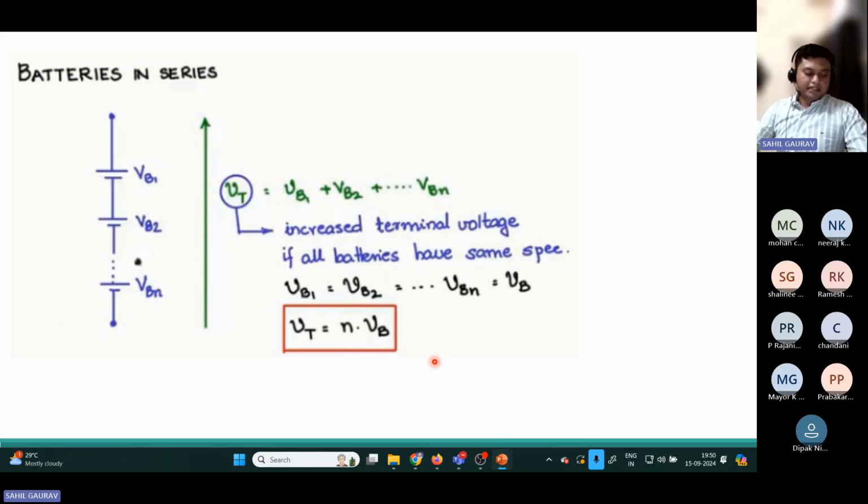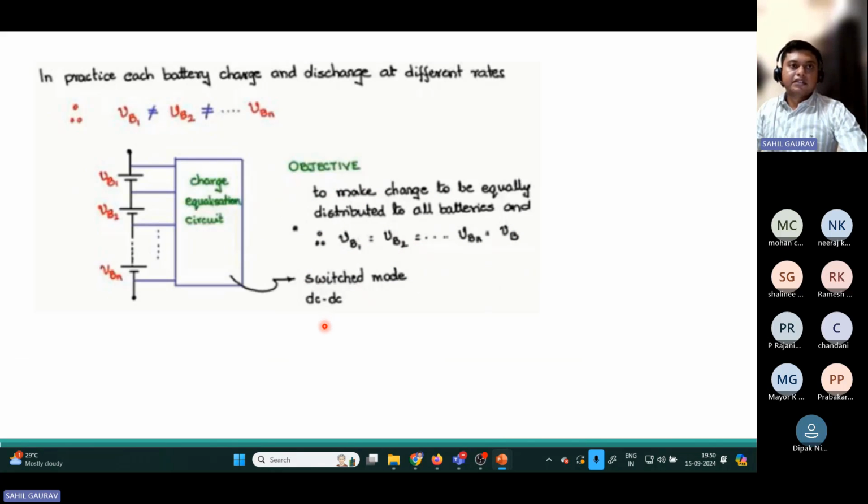But practically, all batteries don't have identical voltage, even when they are made by the same manufacturer, because they will charge differently. So in the practical case, each battery charges and discharges at different rates.